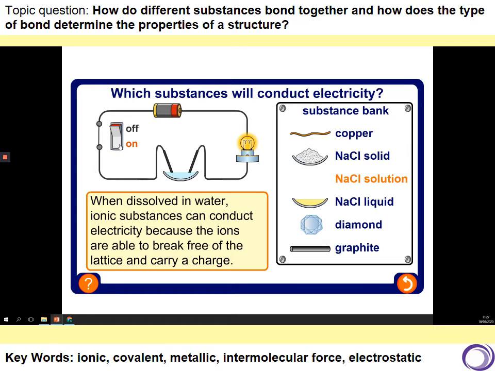These ions are then free to move, and as they are charged particles, they can carry the electrical charge through the substance, and hence liquid ionic compounds will conduct electricity.